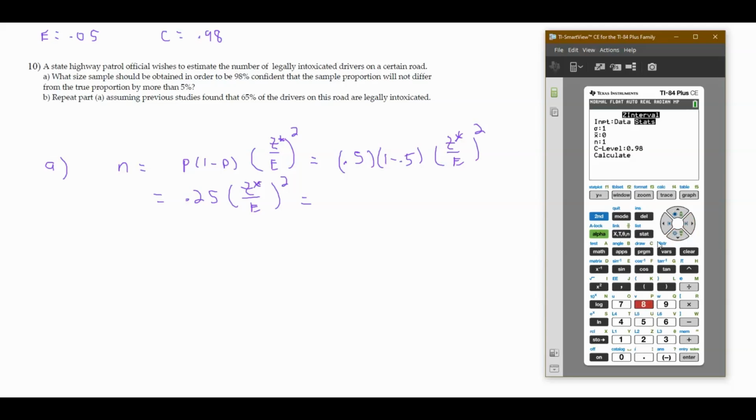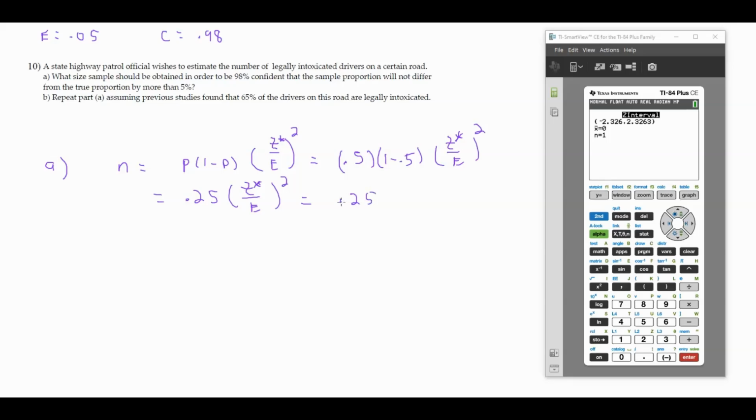That will give me the middle 98% limits in the standard normal distribution. So my z star is 2.326.